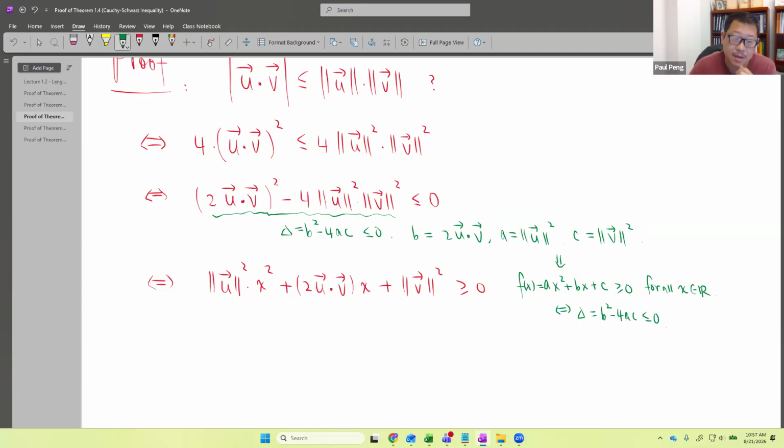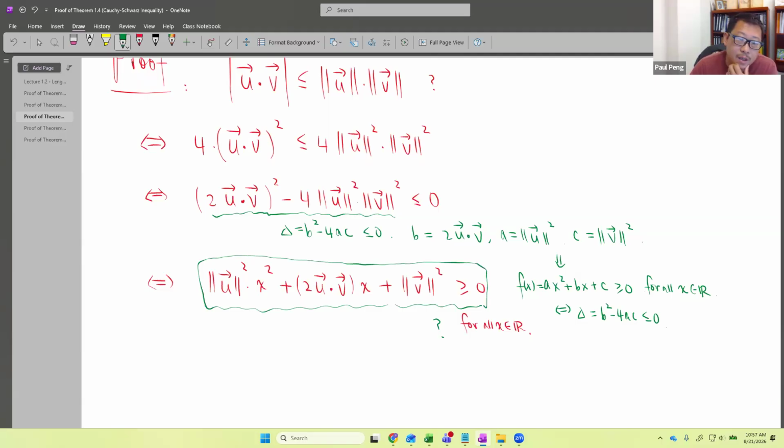So this number is super good. Now we have to see, is this true for all x? That's a big one, and this is true for all x real numbers. Let me just highlight.